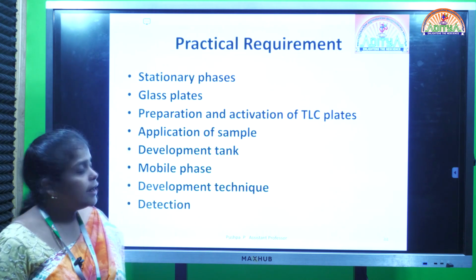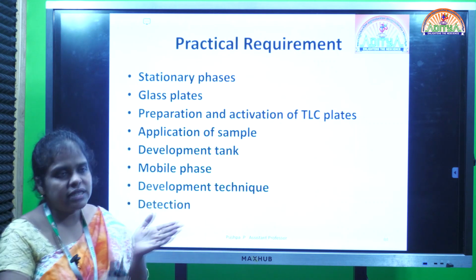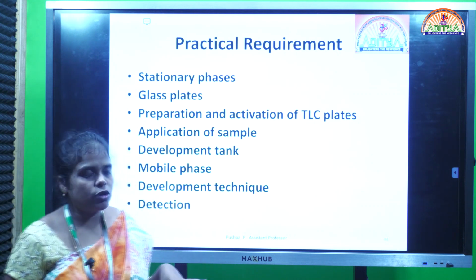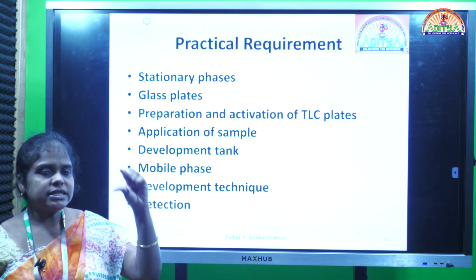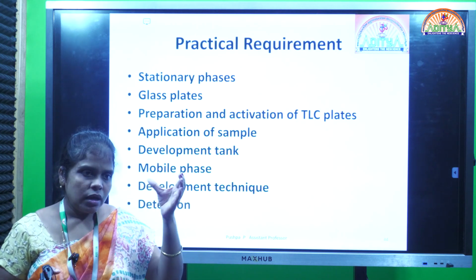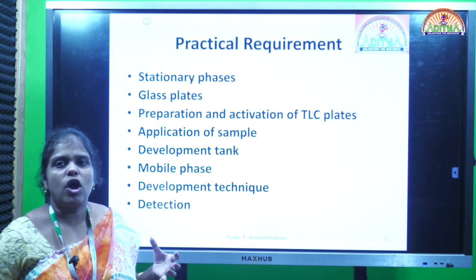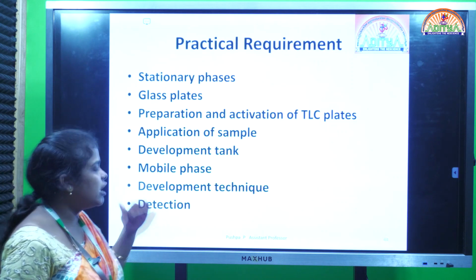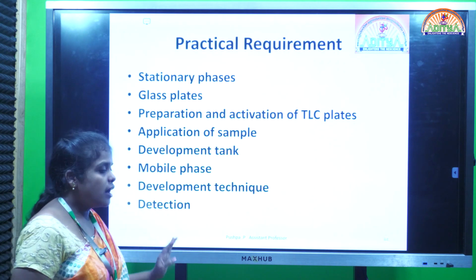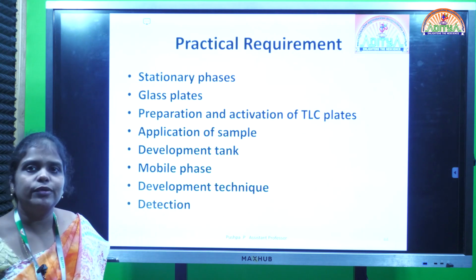mostly glass plates. And after taking those glass plates, how we will prepare them, that means how we will apply the stationary phase on that, and how we will activate the TLC plate for the separation of the components, and then how we will apply the sample on that TLC plate, and then how you will keep that sample-applied TLC plate into the mobile phase tank, that is called the development tank, and then how the development will take place, and what type of mobile phases we will use, and finally how the development or elution will take place, and finally how you will detect the eluted sample.